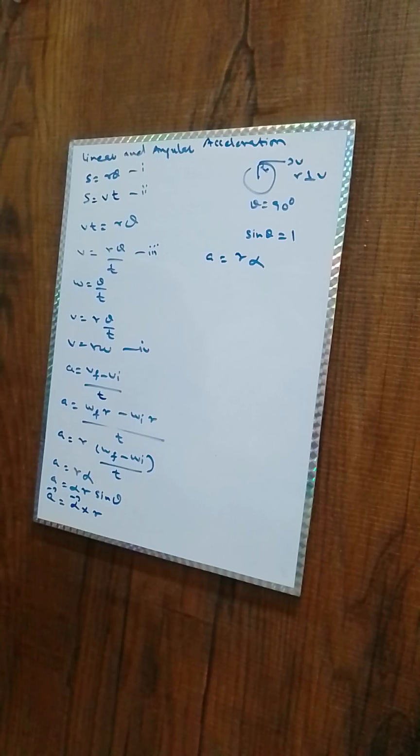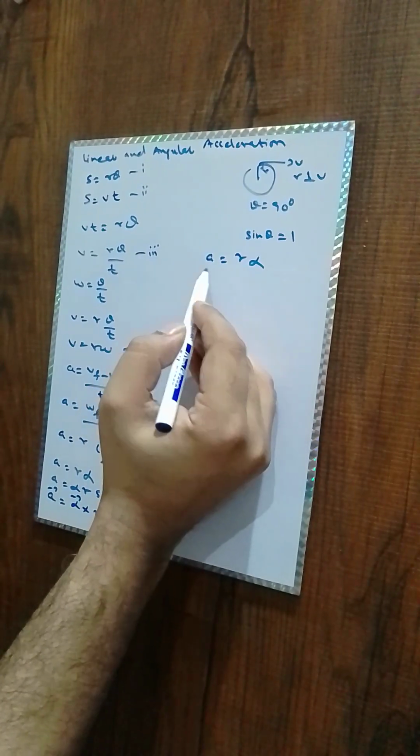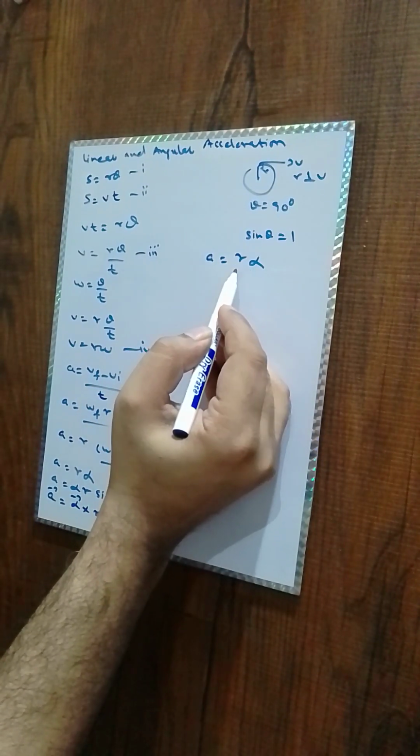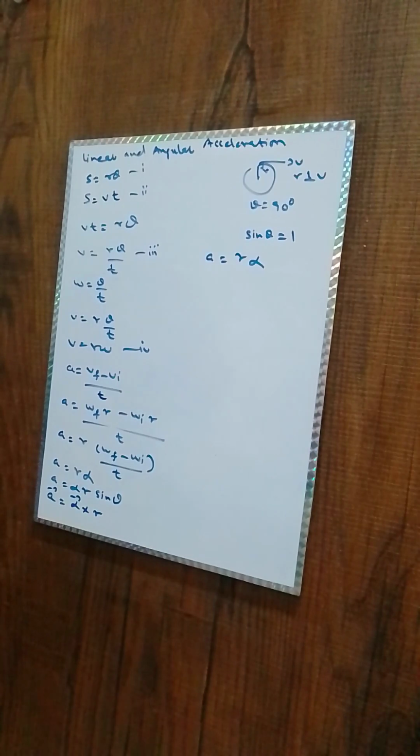So we resume with the linear and angular acceleration. To make a correction, it is about linear and angular acceleration, not momentum. So a is equal to r alpha, where a is the linear acceleration, alpha is the angular acceleration, r is the radius of the circular motion.